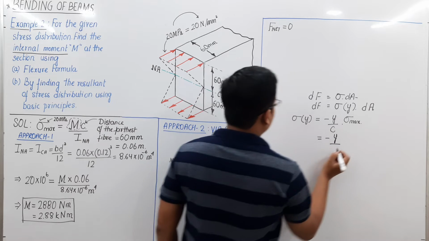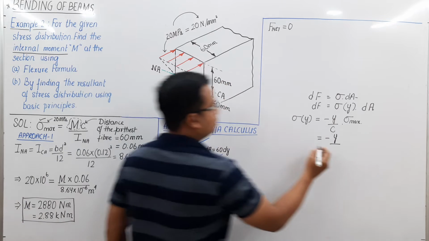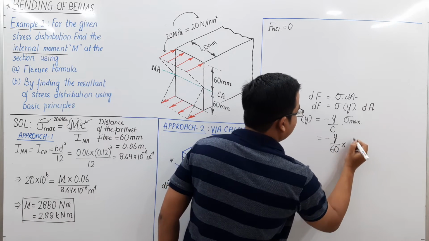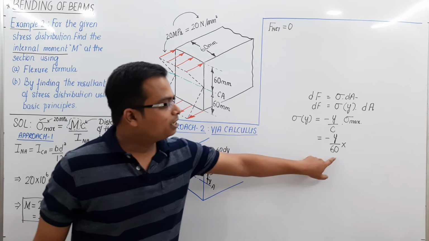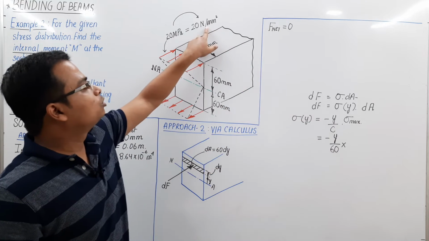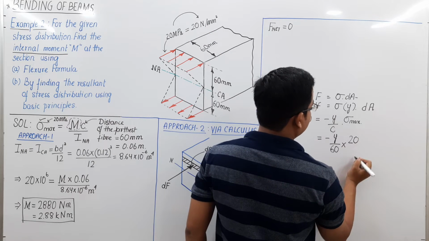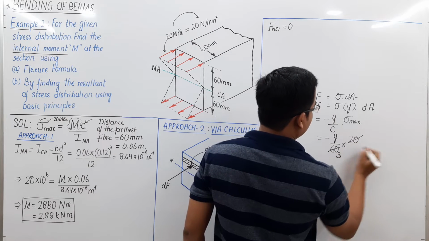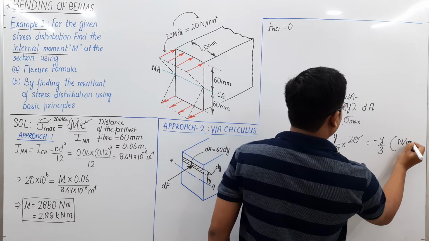Minus y, what is c? The maximum value, the farthest distance, that is 60. 60 multiplied by how much is sigma max? Well, here we have put the values in millimeters, so this sigma max also I'm going to put in Newton per millimeter square, that is 20. If you work it out, this is going to be minus y by 3, and again this is Newton per mm square.